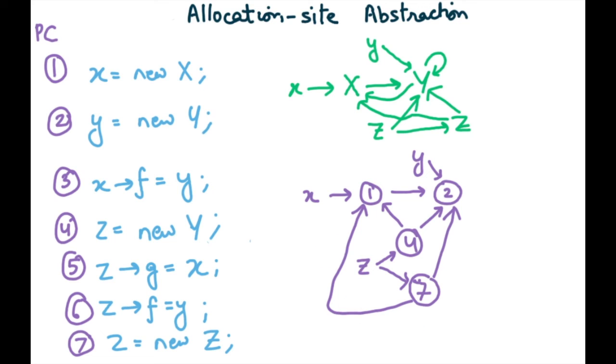I guess I can't directly compare the number of edges because the number of abstract objects is also different in the two cases. But fewer aliasing relationships are possible in this points-to graph than in this points-to graph. For example, in this points-to graph, star y cannot alias with star z, whereas in this points-to graph, star y can alias with star z.